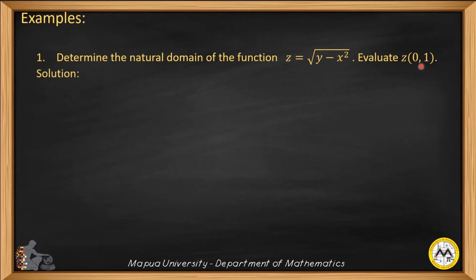So for our solution, we first evaluate what is z value at x equal to 0 and y equal to 1 by directly substituting into this expression 1 for y and 0 for x to give us the value of 1. So z at x equal to 0 and y equal to 1 is equal to 1.